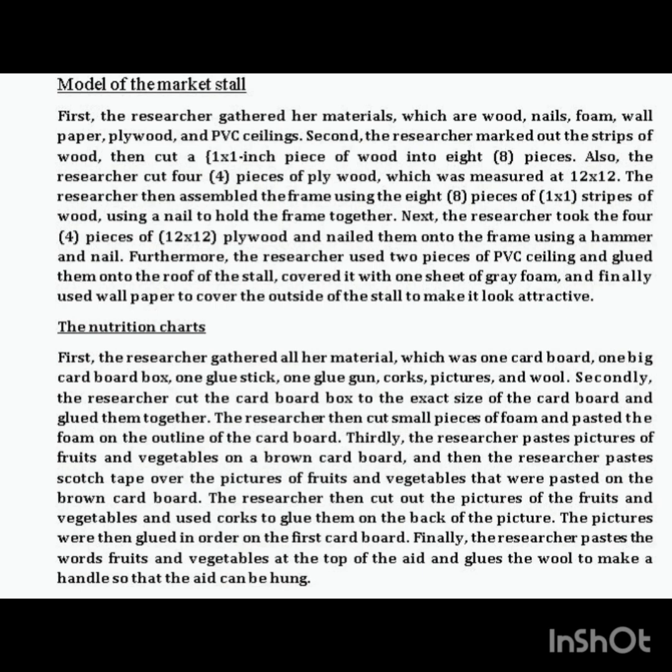The pictures were then glued in order on the first cardboard. Finally, the researcher pasted the words fruits and vegetables at the top of the aid and glued the wool to make a handle so that the aid can be hung.